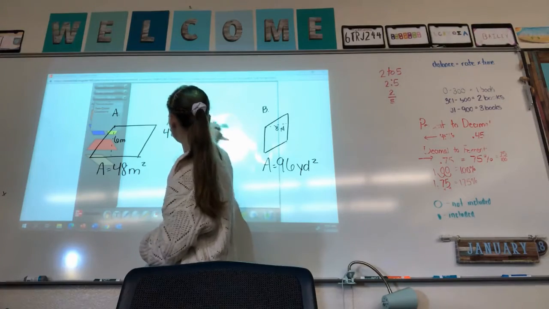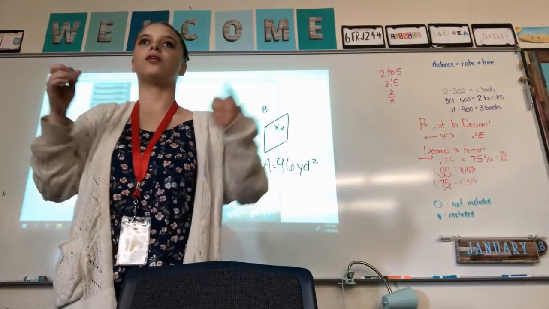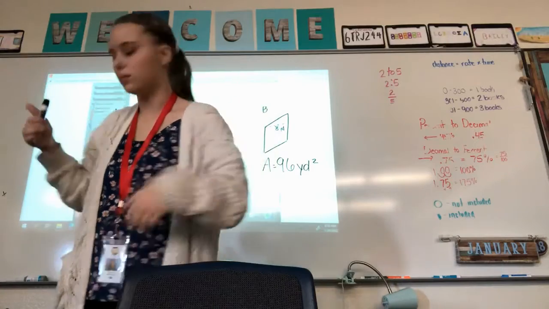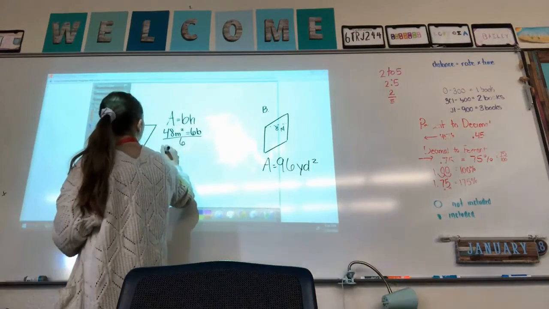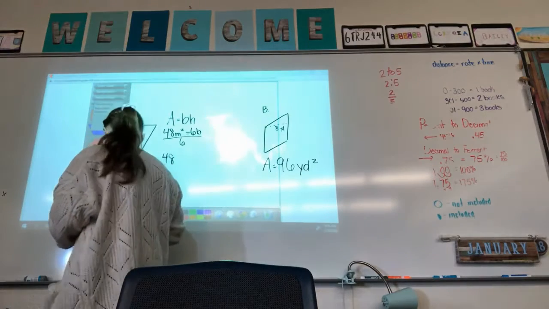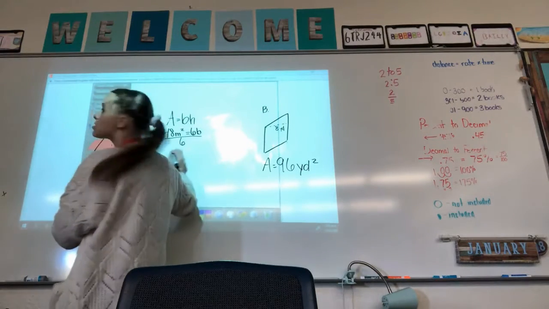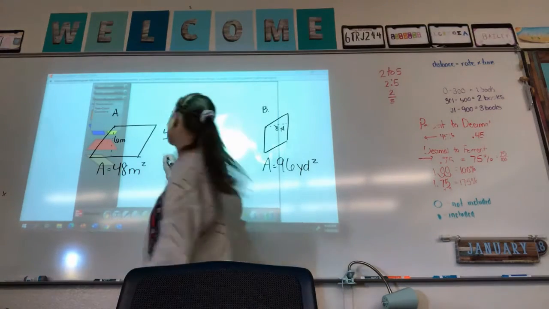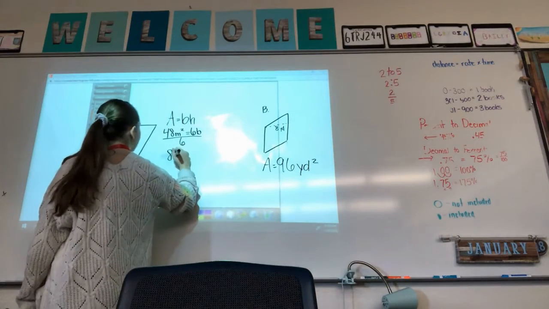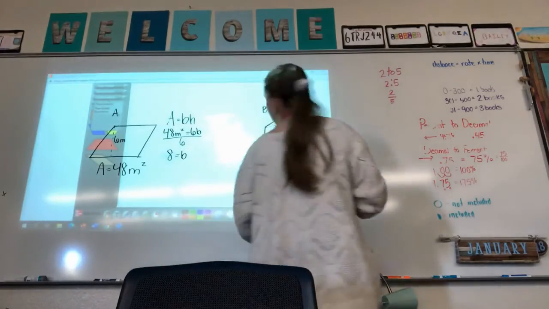And then we want to find B. So we divide by 6. 48 divided by 6 is what? 8. So 8 is our base for that one.